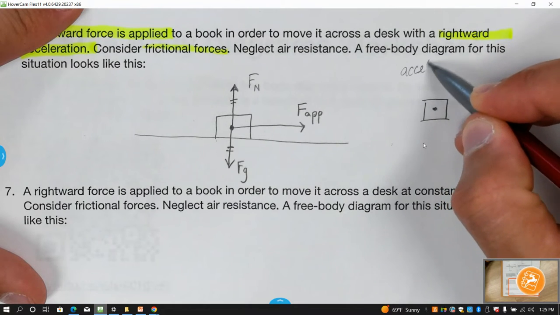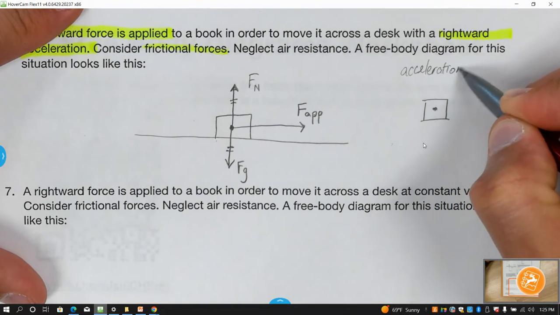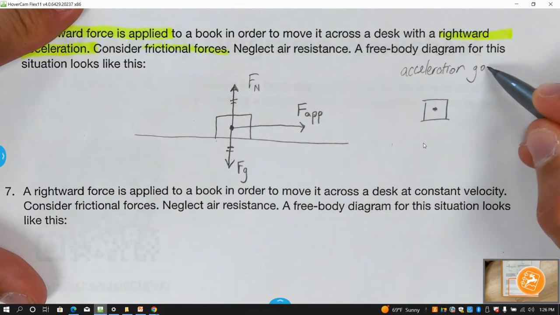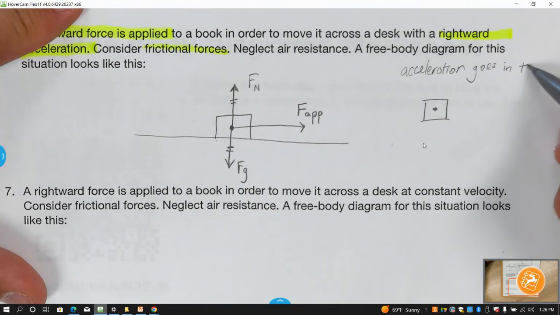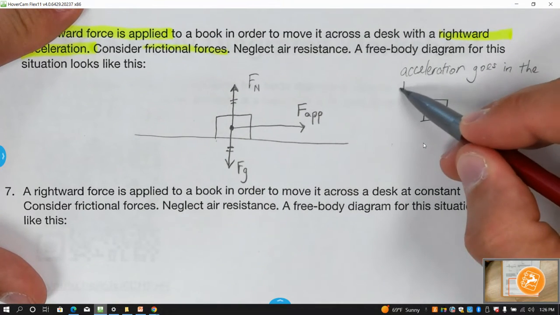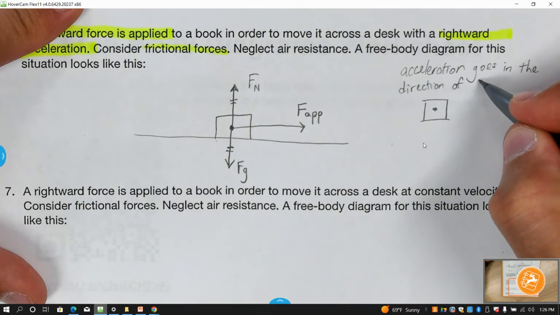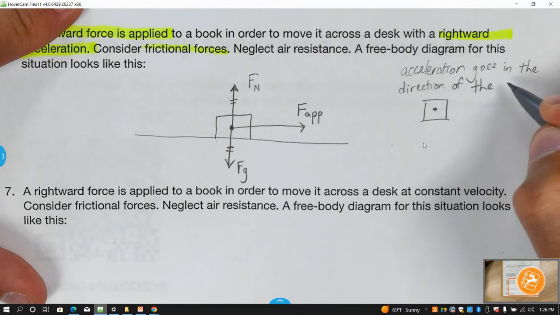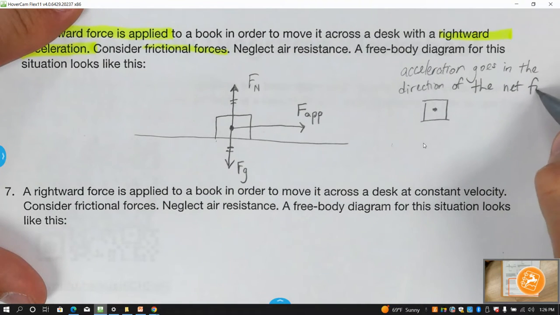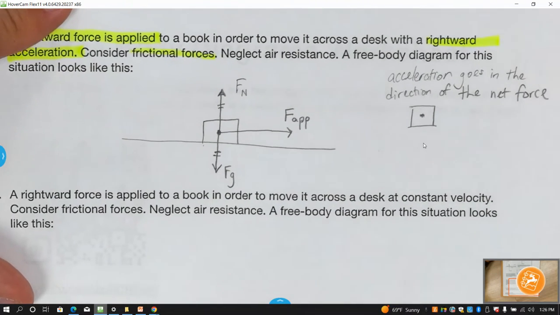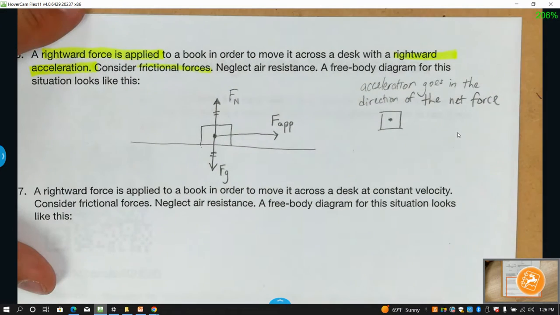Acceleration goes in the direction of the net force. Remember, there can only be one net force. It is a singular force.